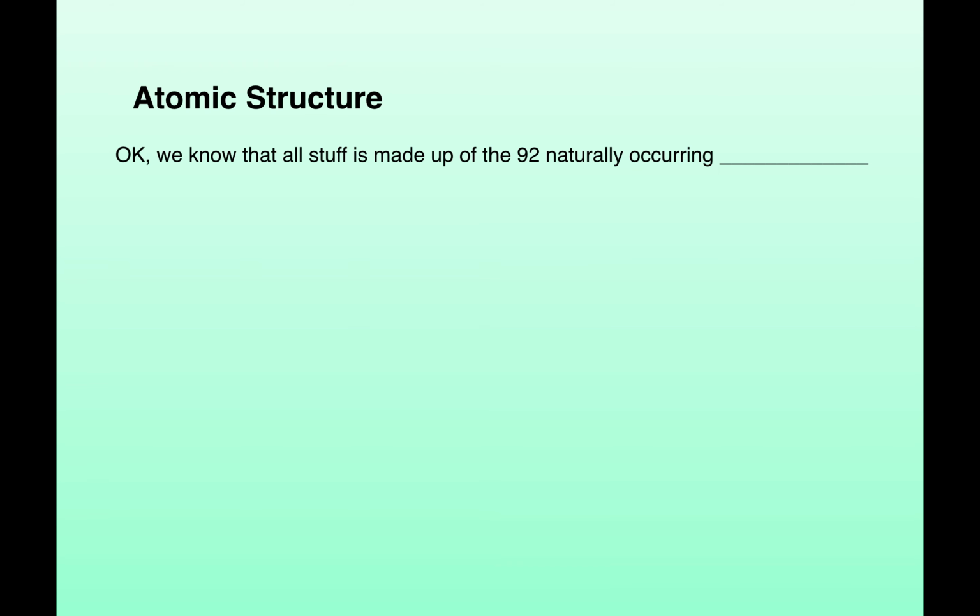Okay, thinking back to key stage 3, all you've done before, let's make sure that we know all of the basics required to begin thinking about atomic structure. So, everything around us is made up of 92 naturally occurring what?